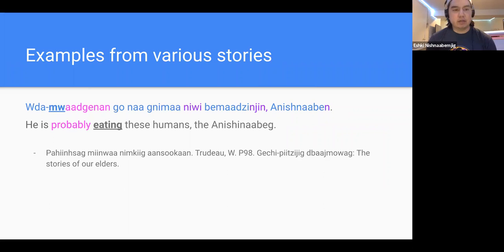Again, from the same story. The Mwadigenan Konagadama Newe Bimadzunjin Nishnaben. He's probably eating these humans, the Nishnaabek. So I highlighted this because it's not the AAN ending on this. So this is another way of saying like probably or must be.